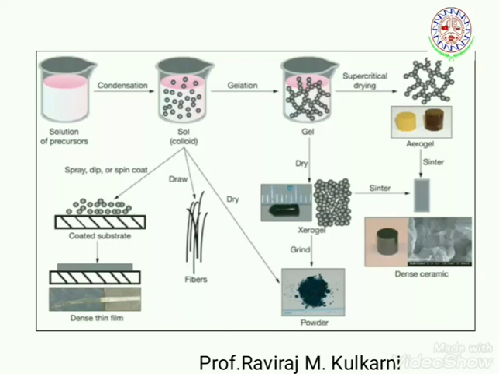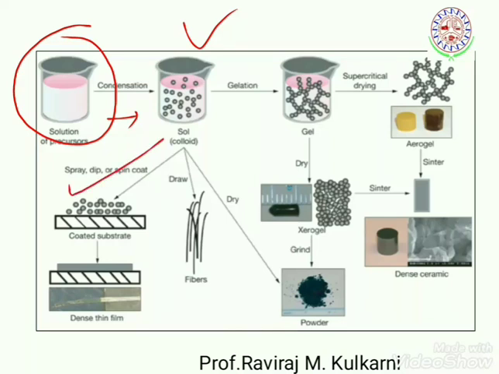To give a clearer picture, you can see in the first beaker, precursors are added slowly, carefully. Condensation reaction takes place. So what you get is a sol here. This sol can be cast on a glass plate, so what you get is a thin film, or you can draw it into fibers, or you can powder it and use it as a powder.